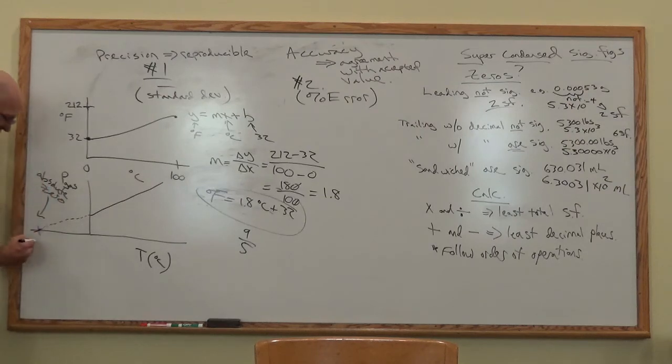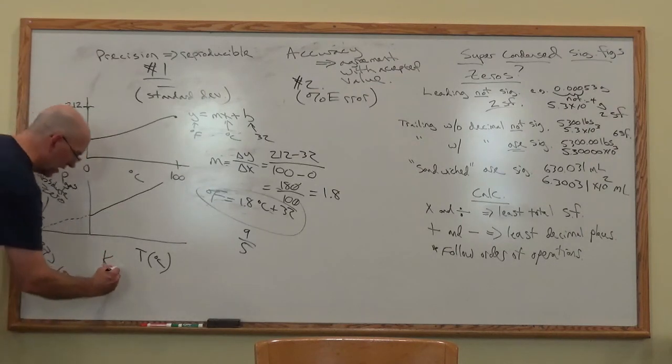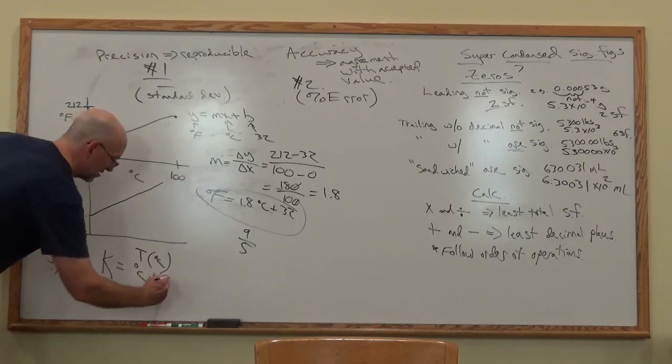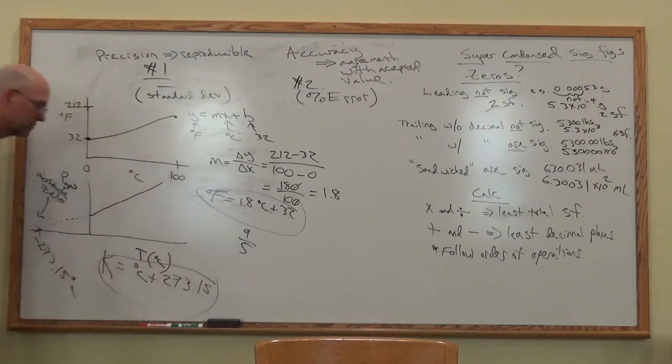No molecular motion, and that happens to occur at negative 273.15 degrees Celsius. So we define a new temperature scale. The Kelvin temperature scale is your degrees Celsius plus 273.15. Good to know that.